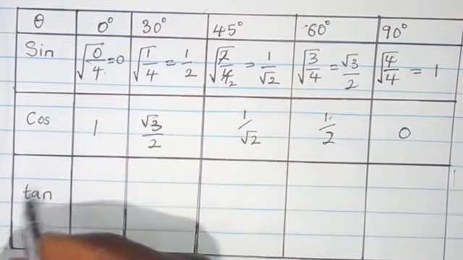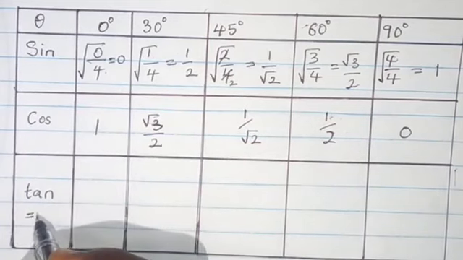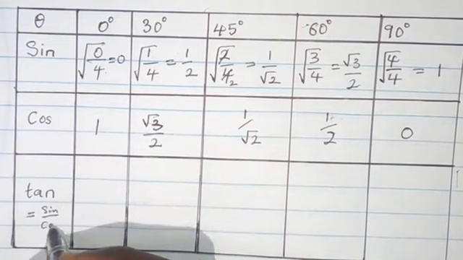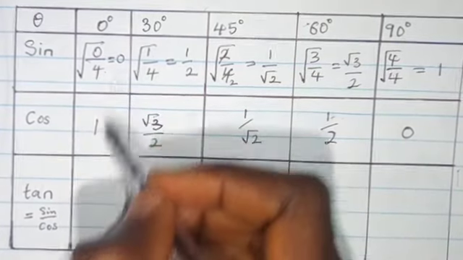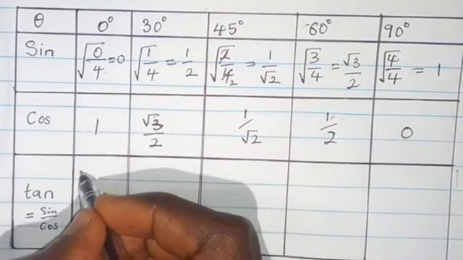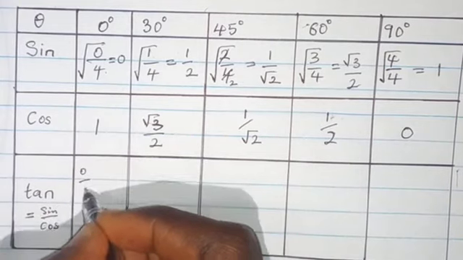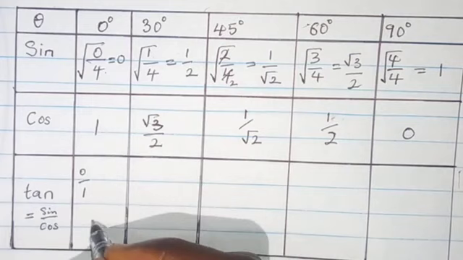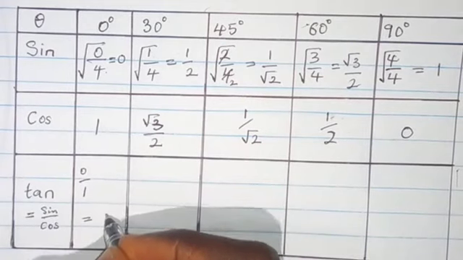So recall that tan theta is equal to sine theta over cos theta. So by doing this, we have 0 over 1. So the value of this one is equal to 0.